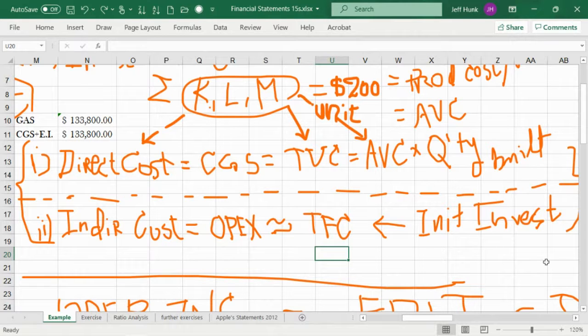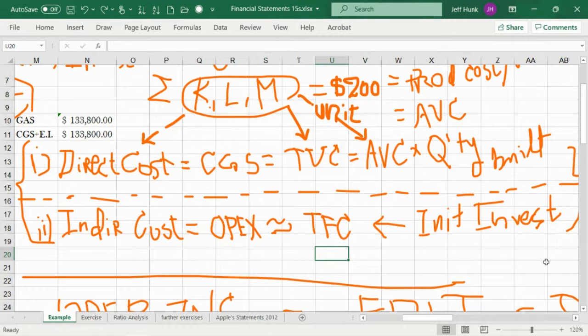Your startup capital must be at least equal to or greater than the cost of building the plant and equipment.